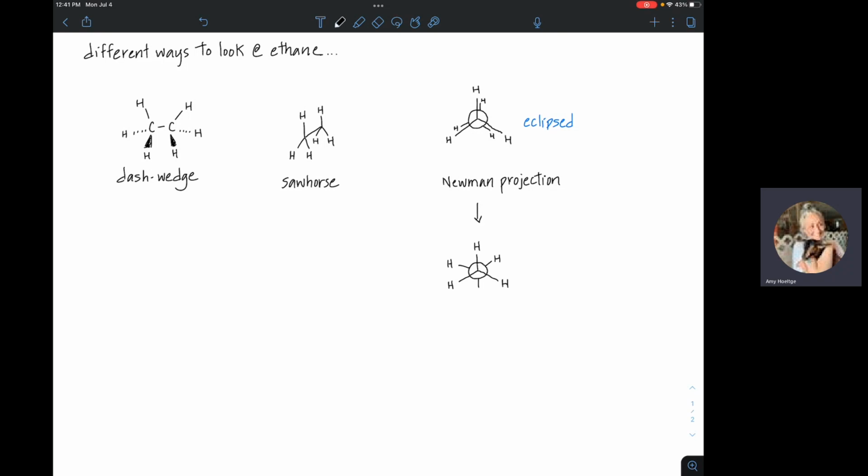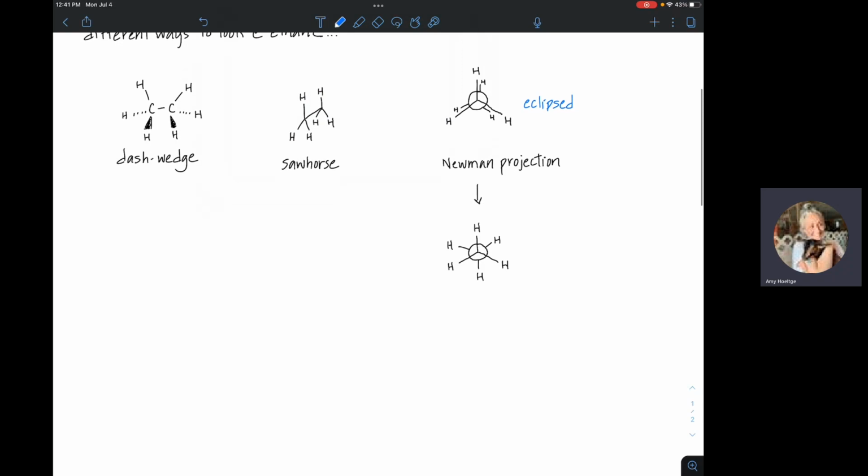Again, all of the hydrogens that we have these little bonds coming off of the ring are indicating they're coming off the back carbon. In this conformation, and still a Newman projection, all we've done is rotate, right? So we rotate around the carbon-carbon single bond by 60 degrees. And now all of a sudden, all of these groups are staggered.